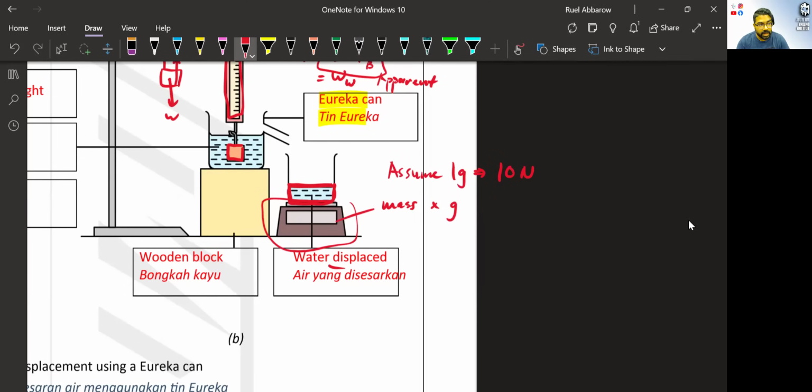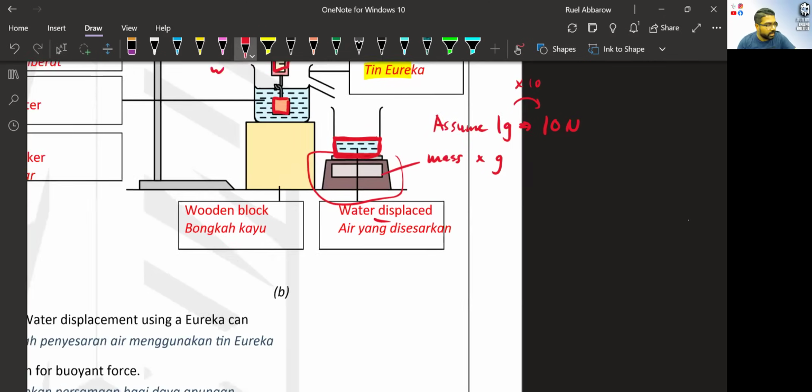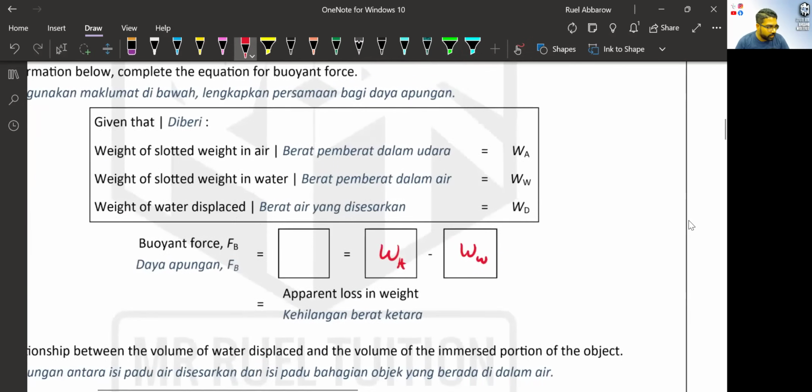So you just multiply by 10. Okay, this is what it says in the textbook, but please be careful. Please read the question carefully, follow the instructions given. Okay, all right. So then you would get the weight. So that's another way that we can find the buoyant force. Weight of water displaced. All right.